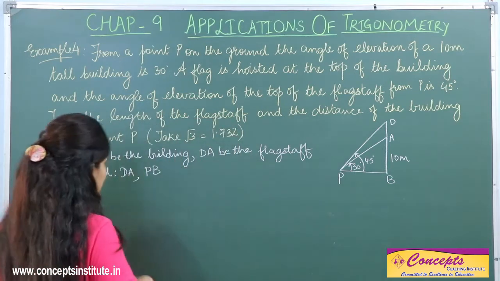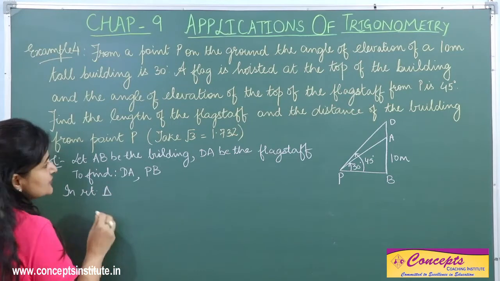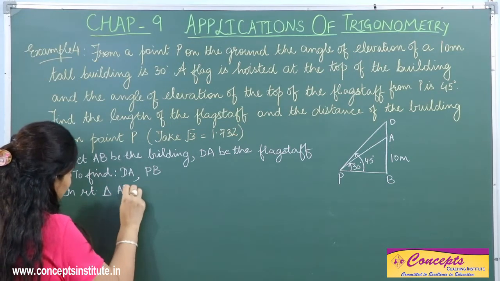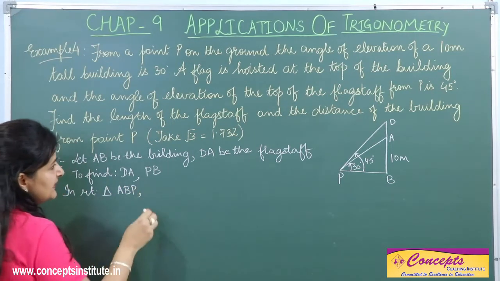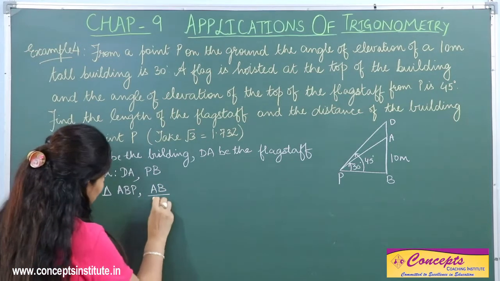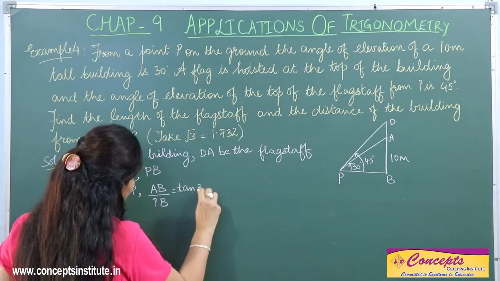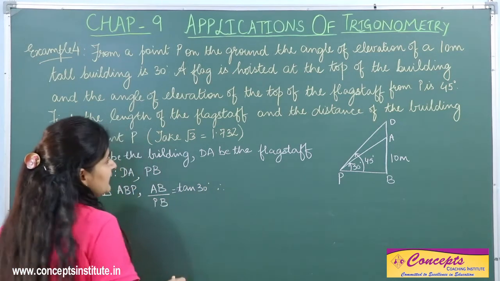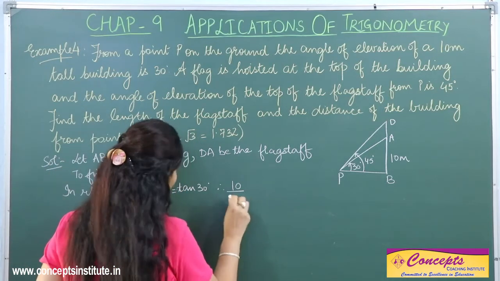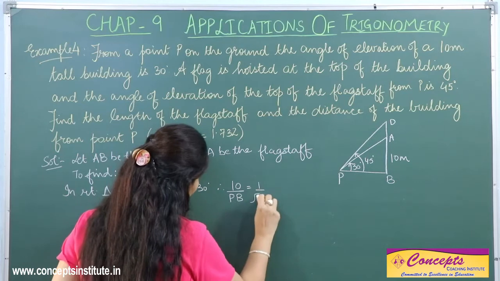So let's just do that. In right triangle ABP, perpendicular, that is AB upon PB, that is equals to tan 30. So therefore we get 10 upon PB, and students, tan 30 is 1 upon root 3.